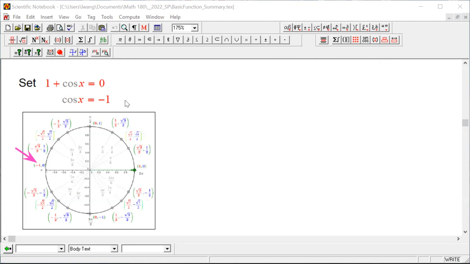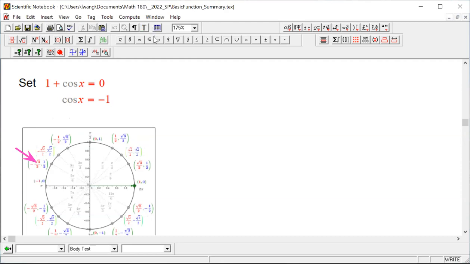So what are these angles x can be? X can be pi. It can be negative pi too, so plus or minus pi, right? And plus or minus 3 pi, and plus or minus 5 pi, and so on and so forth.